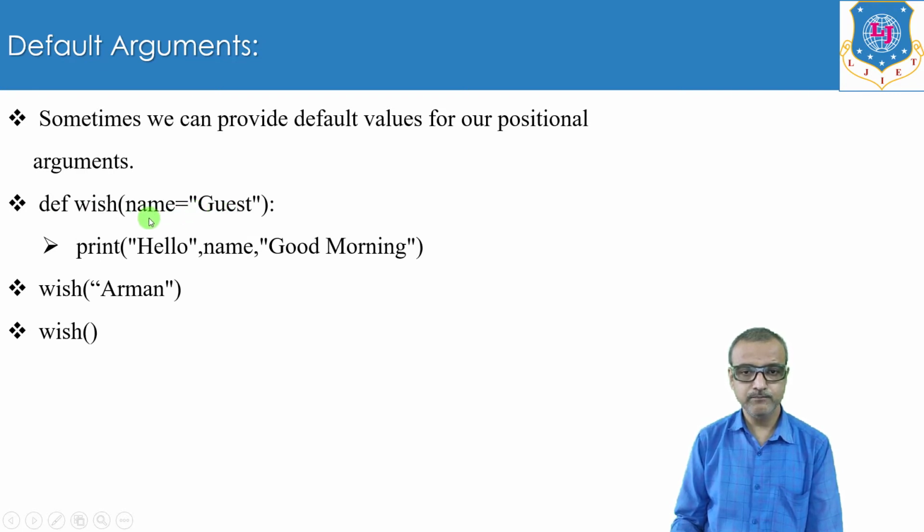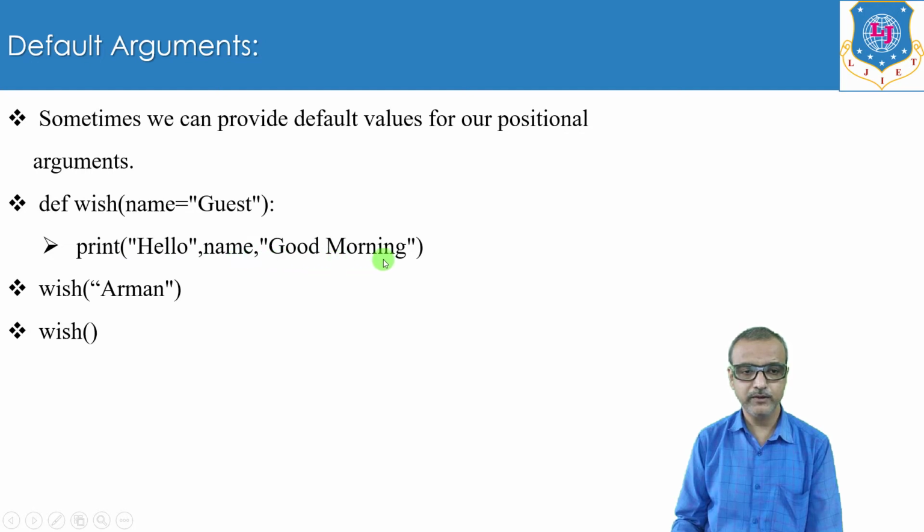So here we are providing the default value for the parameter name, and then don't forget to write down this colon, and in the body of the function we are writing one print message, that is hello comma name comma good morning.